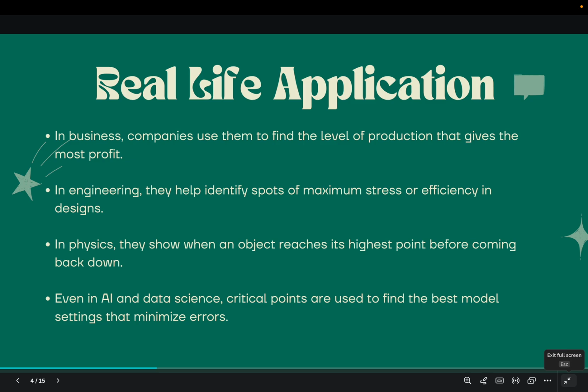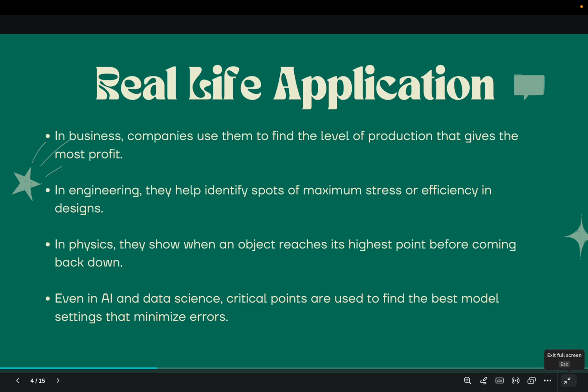In business, companies use them to find the level of production that gives the most profit, so basically, this is maximizing profit. In engineering, they help identify where a process is not efficient and try to maximize efficiency. So basically, it's used to maximize or minimize things.